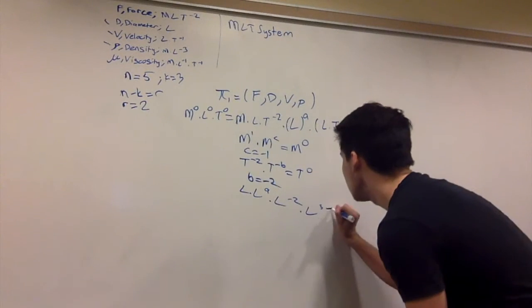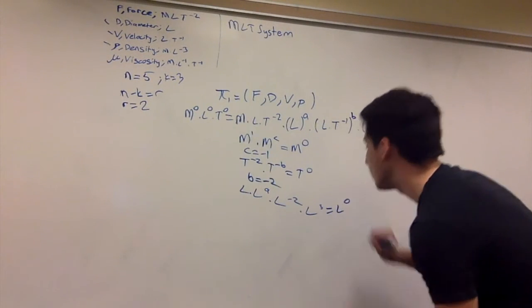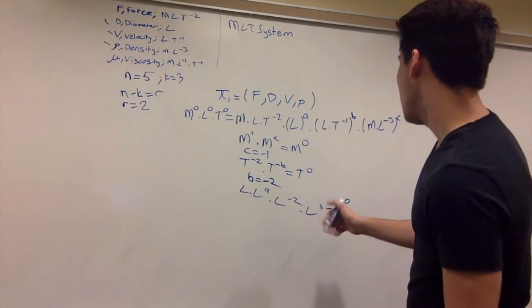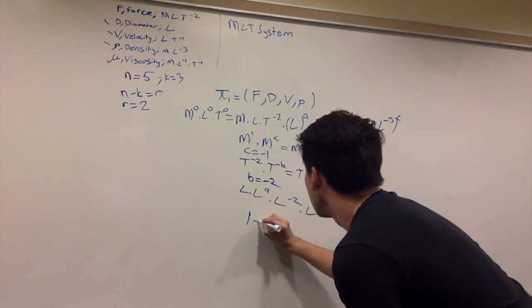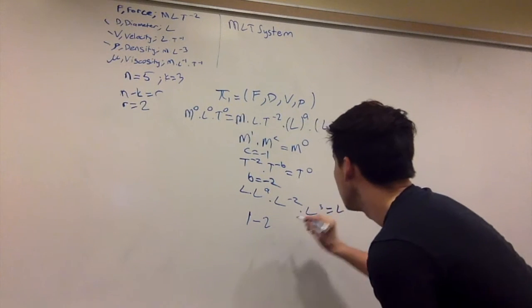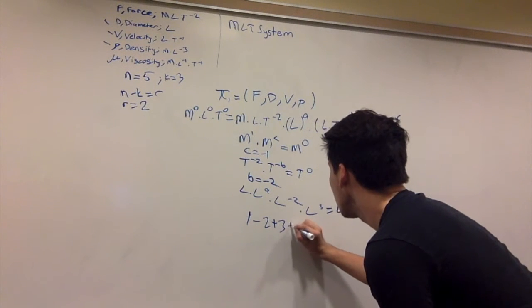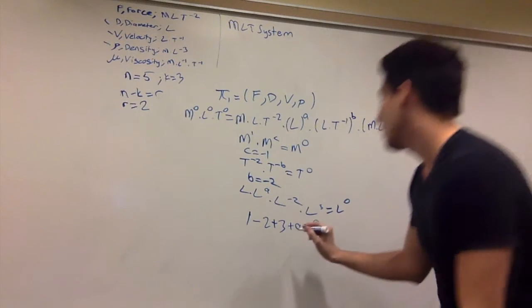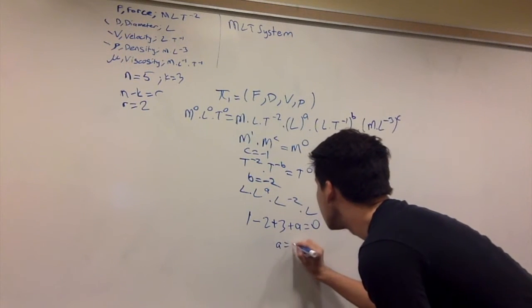And this term needs to be equal to L to the power of 0. So what should a be? 1 minus 2 plus 3 plus a equals 0. So what is a? A is -2.